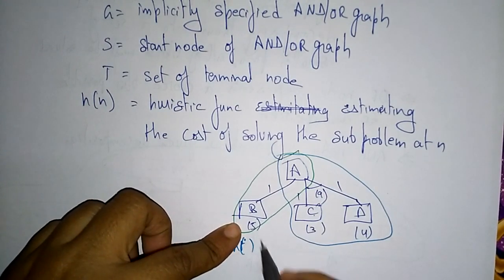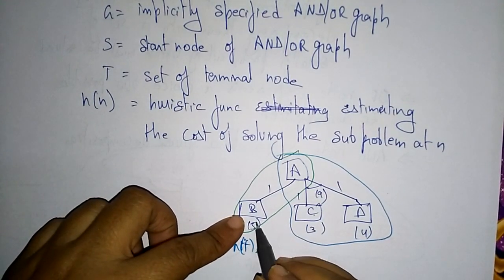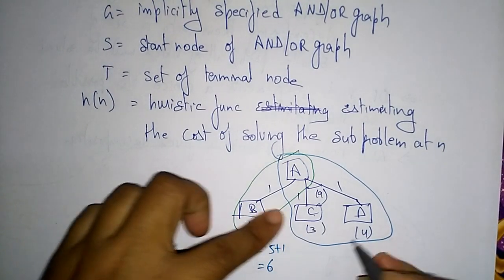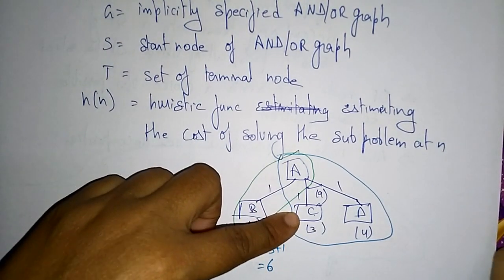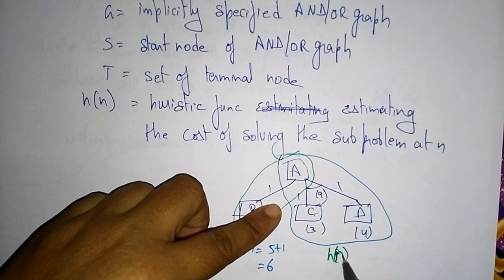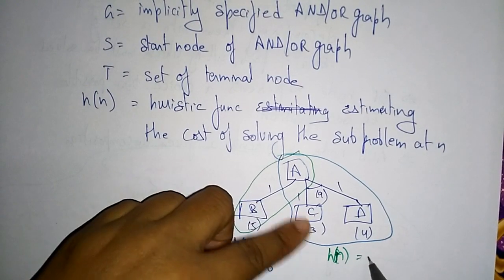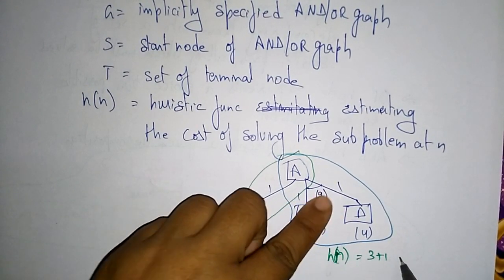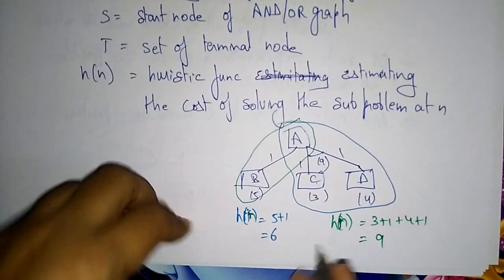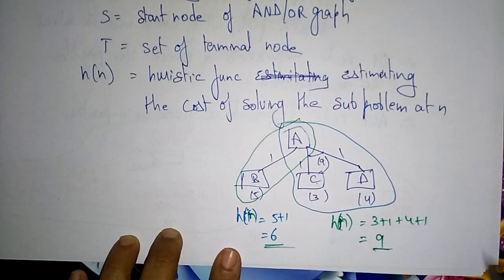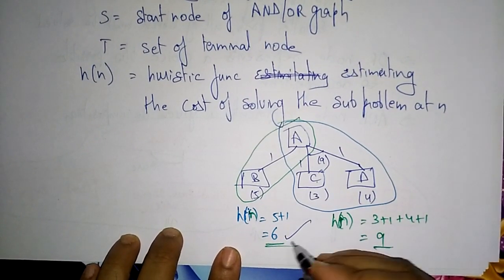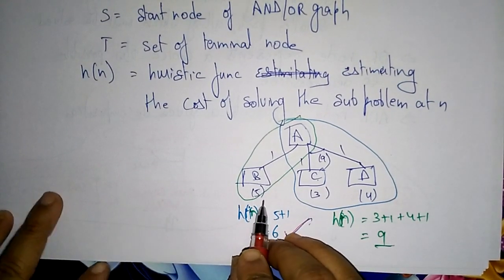What is the heuristic function for this? 5 plus 1 gives 6. Then calculate the heuristic function for the other: 3 plus 1, 4 plus 1, so in total you get 9. Which one has the least cost, 6 or 9? 6 has the least cost, so we will go for this lower cost value.